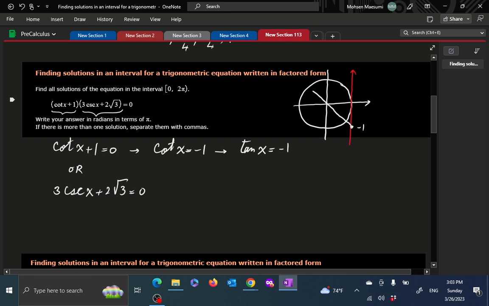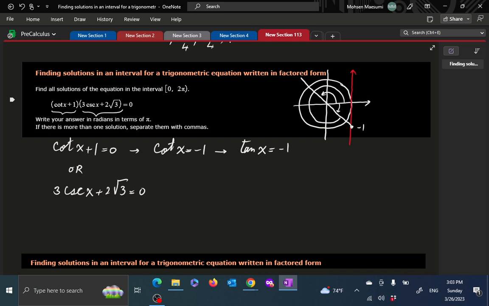Connect to the origin and go all the way. These two angles are the ones we want. Since we are limited to between 0 and 2 pi, instead of this negative angle, let me take this long road to go there. So my answers will be x is equal to 3 pi over 4, and this one is pi over 4 short of a full rotation, that is 7 pi over 4.